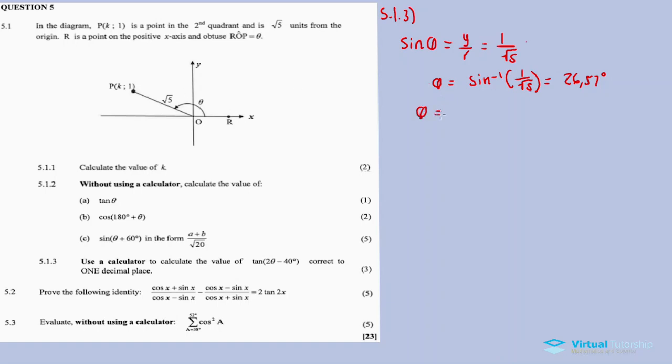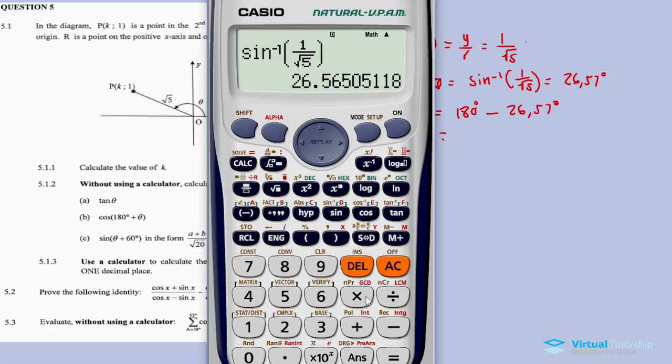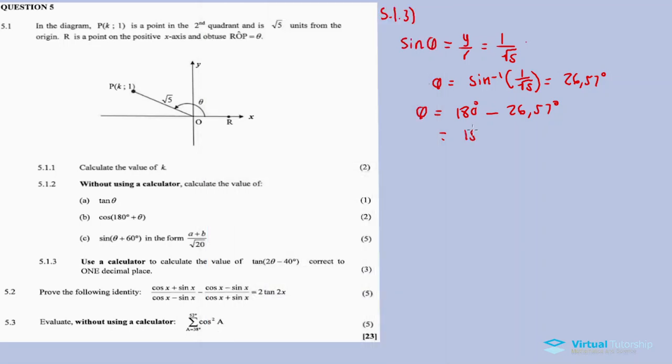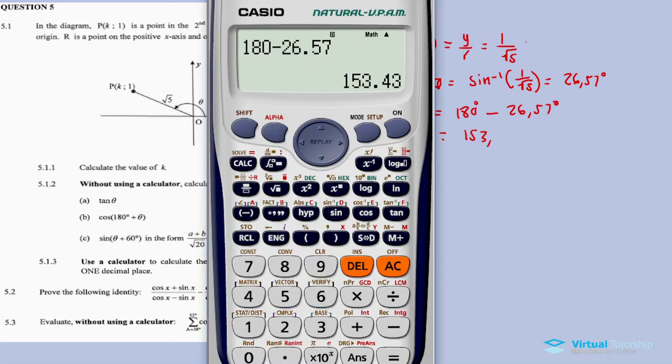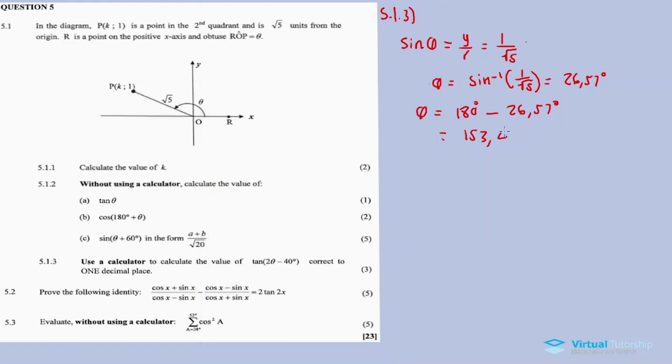So that theta is equal to 180 degrees, since this angle plus this angle gives us 180 degrees, angles on a straight line, so 180 minus 26.57 degrees, which is equal to 180 minus 26.57 degrees. This is equal to 153.43 degrees.